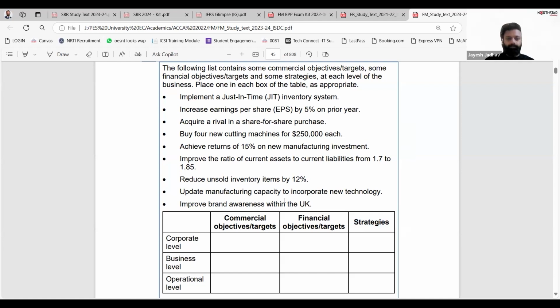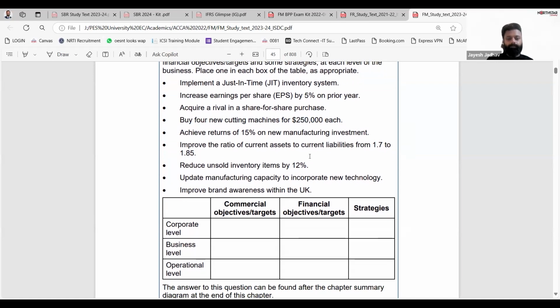Okay. C3. Buy 4 new cutting machines for $250,000 each. It's business level, I guess. Management and commercial. So B1. This is B1 according to you all.